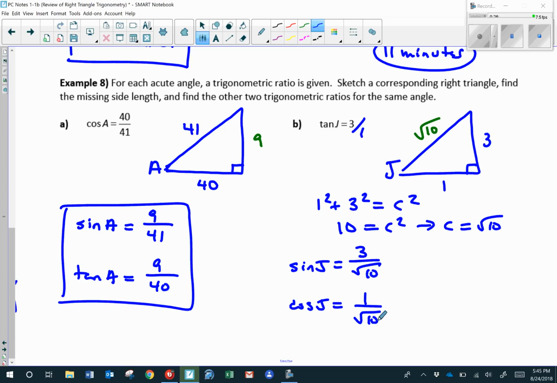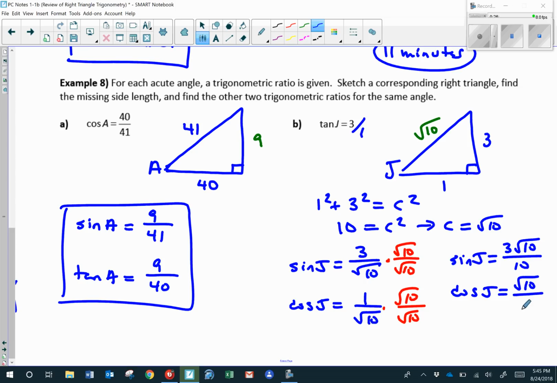Now, as you look at each of these results, realize that your final answer must be rationalized, so we'll need to multiply both the top and the bottom of each of those fractions by the square root of 10 in order to rationalize the denominator of that fraction. So sine of angle J is 3 times the square root of 10 over 10, and cosine of angle J is 1 times the square root of 10, which is just the square root of 10 over 10. And there you have it.